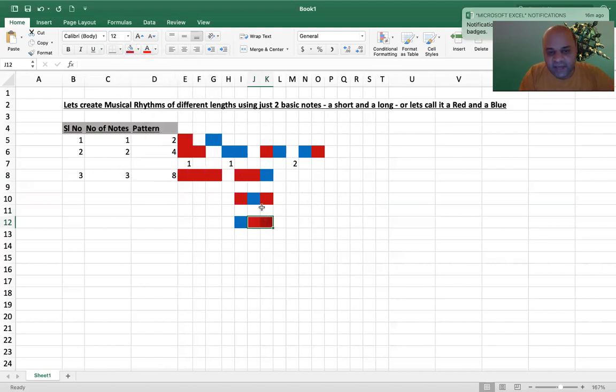So in all these 3 cases, what is happening? So this is only one case. There are 3 such cases where 2 of them are short notes and 1 of them is a long note. There are 3 such cases. Then there are other cases where 1 of them is short and then 2 of them are long or blue. Got it? Now this also has 3 such cases.